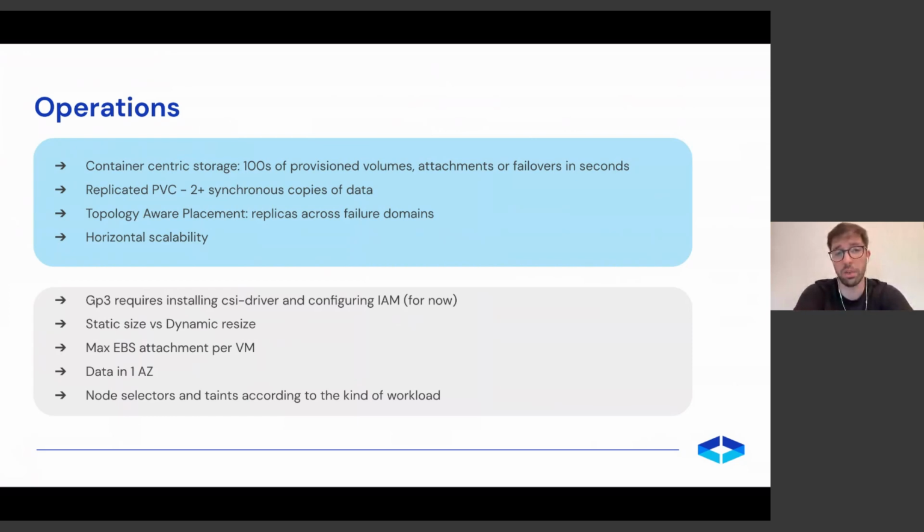You have to be careful because there is a maximum EBS attachment per virtual machine, and the main reason is the overhead that mounting EBS into VMs has in terms of network and CPU. So it depends on the instance size. We are talking between 16 and 25 EBS per node, and still the machines need to be gigantic to handle that.